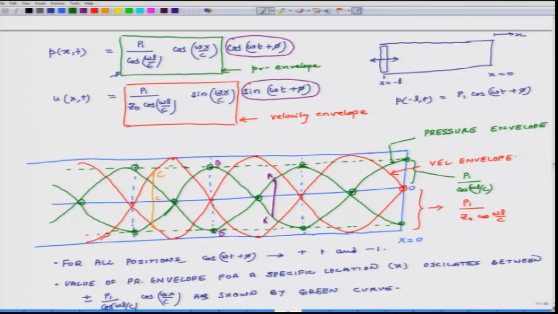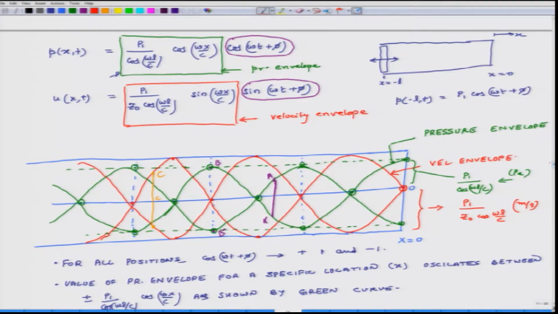There is one system of units for pressure, which is in pascals, and another for velocity, which is in meters per second. So, just the fact that visually it looks like the amplitude of pressure is more compared to that of velocity does not mean it is in reality more; they just have different scales. So, that is important to understand.